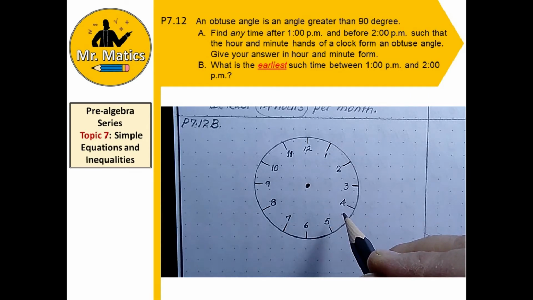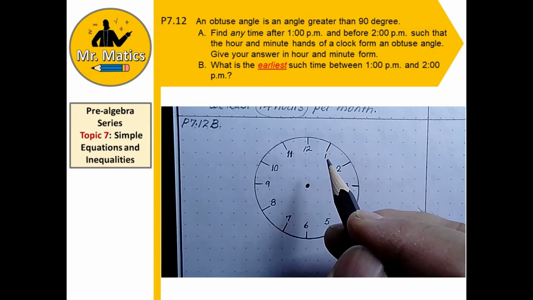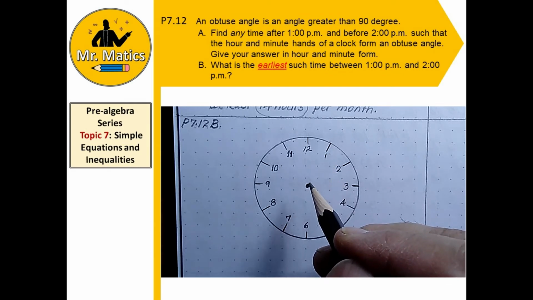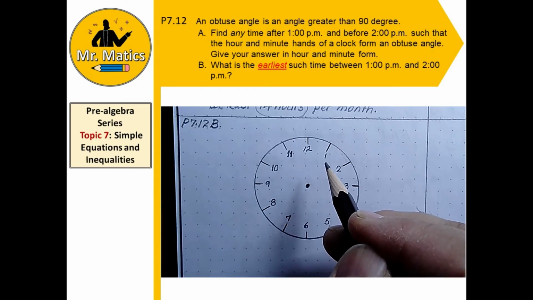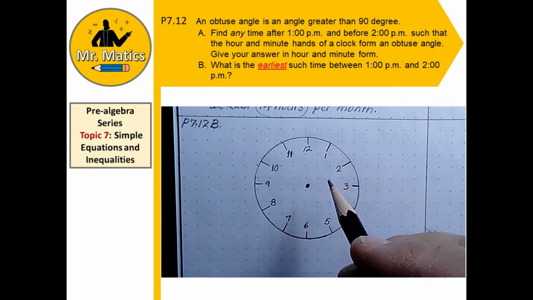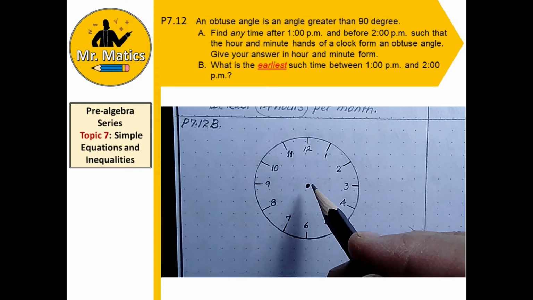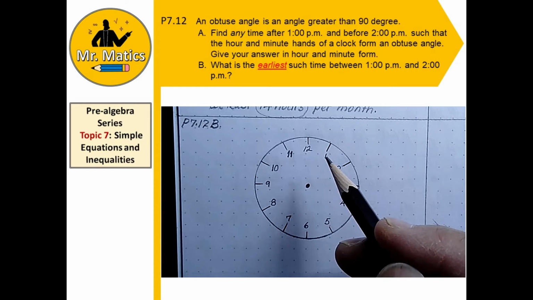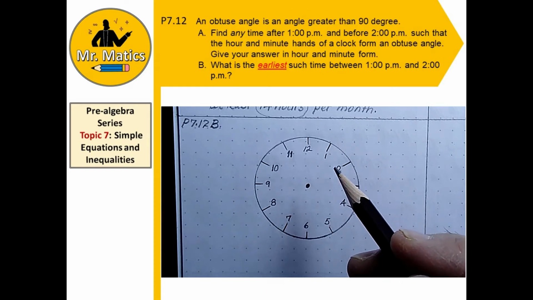Just a minute after that, the angle becomes obtuse. So they want us to find what time this changes from a 90 degree angle to an angle greater than 90 degrees, the earliest such time. In part A we already found that it's 1:30 or 1:35 even, but they want the earliest such time during that 1 o'clock hour.